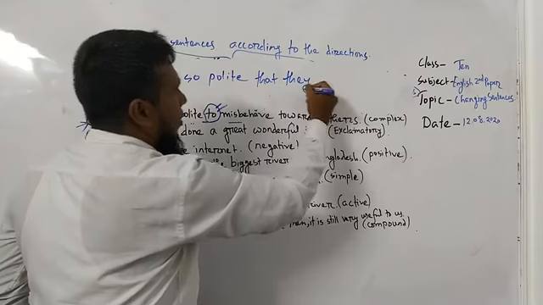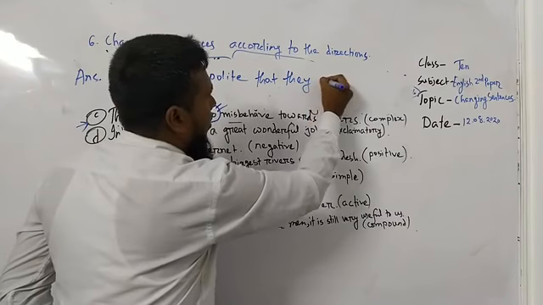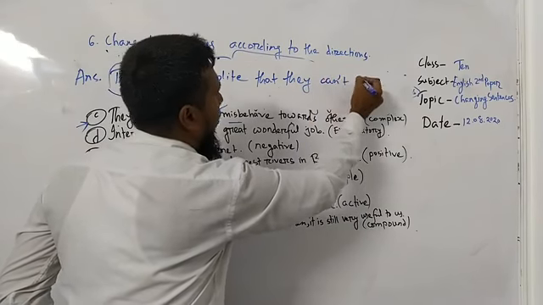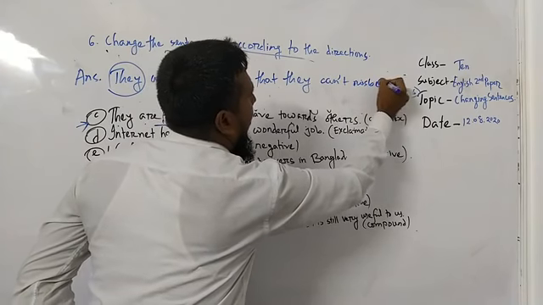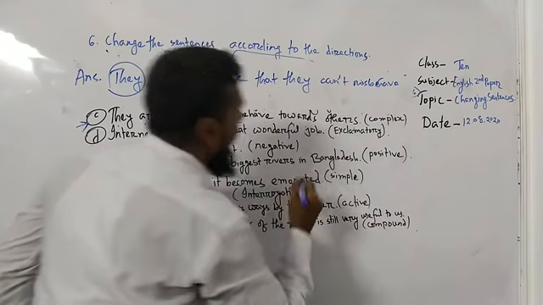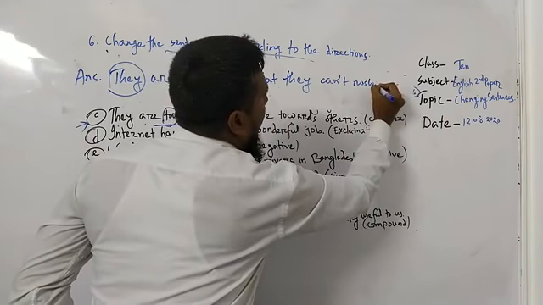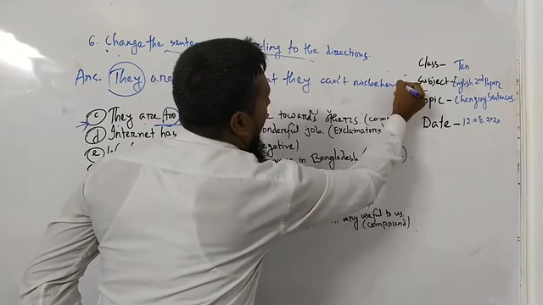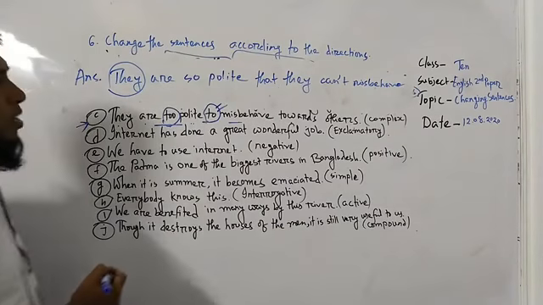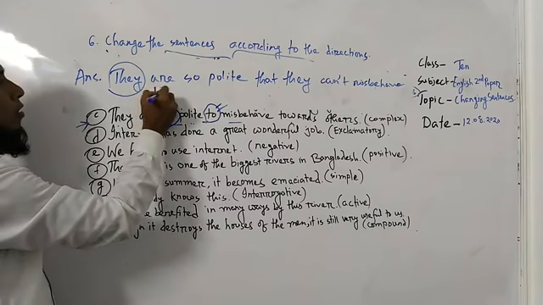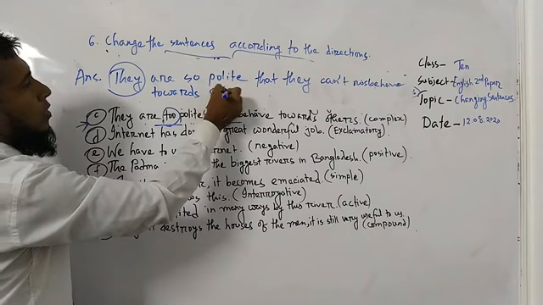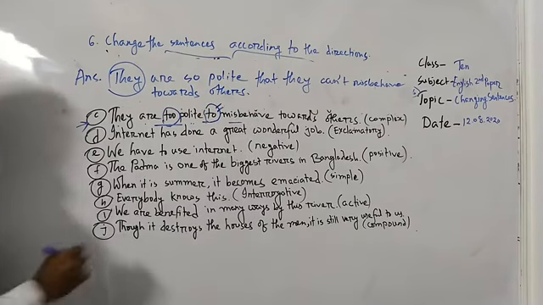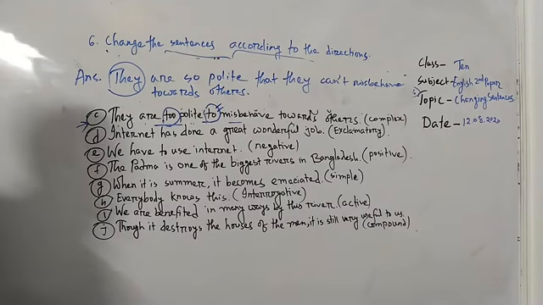As this is indicating negative sense, we have to use here they cannot misbehave towards others. They are so polite that they cannot misbehave towards others.